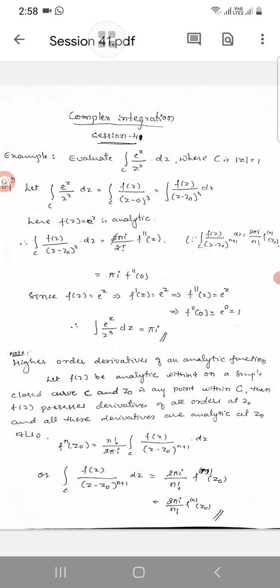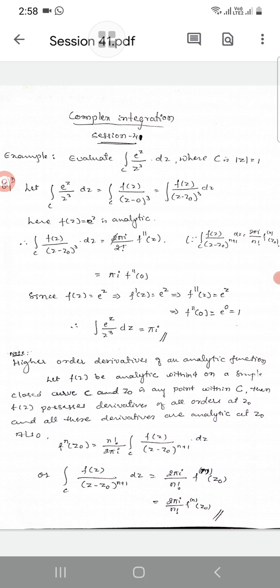So the derivative is of second order, that is f double dash of z0. 2 factorial is 2, and the 2 cancels. It is pi i times f double dash of 0.